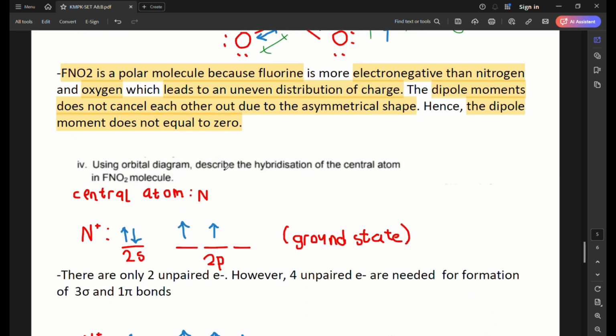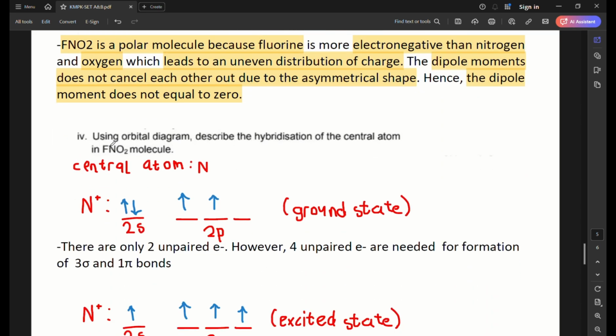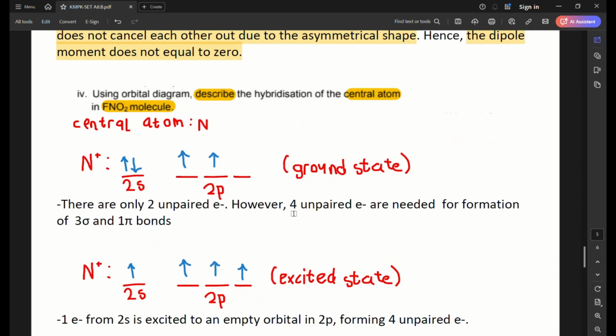Next, the fourth question: using the orbital diagram, describe the hybridization of the center atom. So it's already telling you to describe the center atom of the FNO2 molecule. To describe, that means in each state you have to describe what is happening.